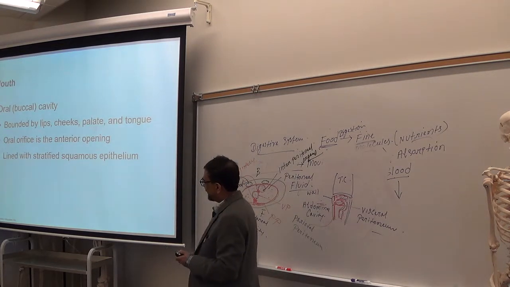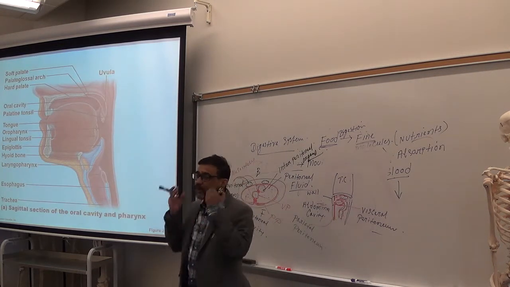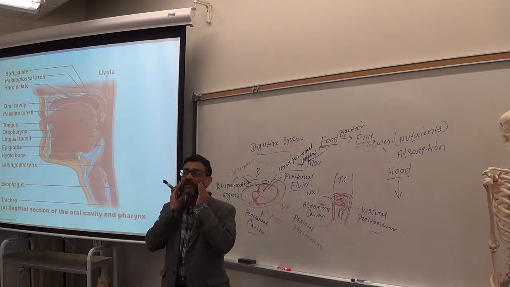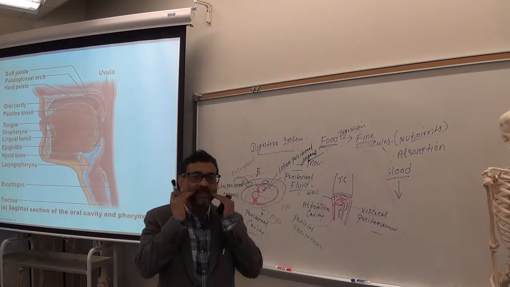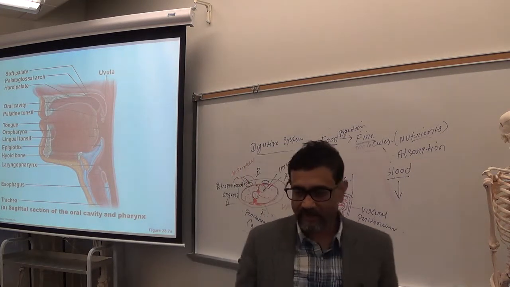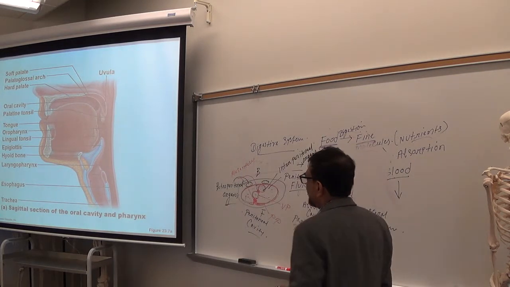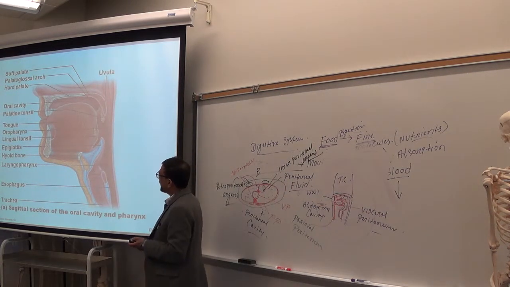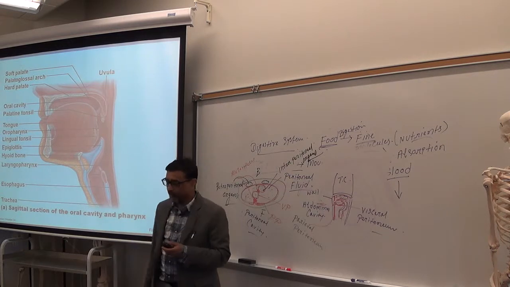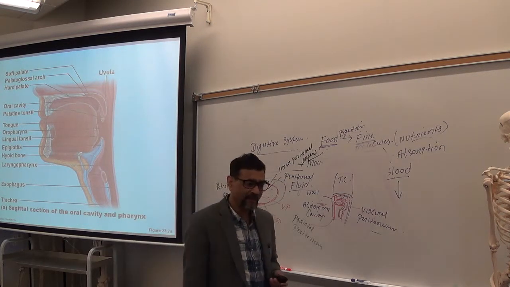And the lateral walls, both sides, are formed by the cheek muscles. So that's the boundary of the oral cavity: lips anteriorly, roof palate, floor tongue, lateral wall by the cheek.